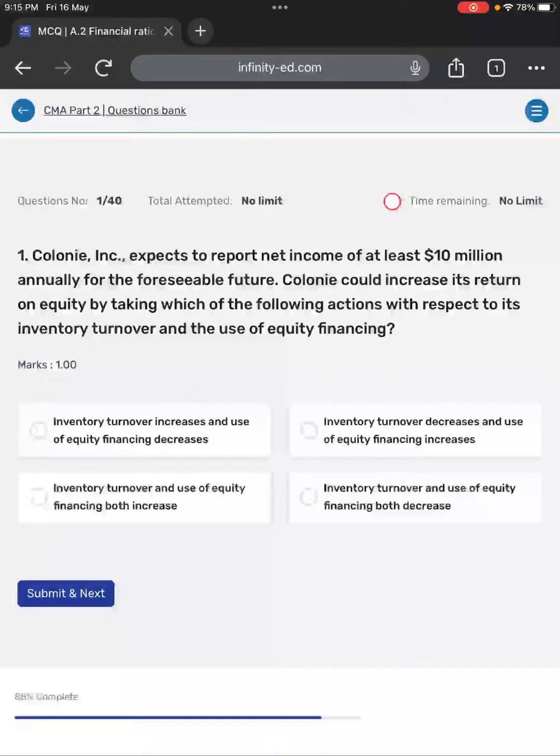Colony expects to report net income of at least 10 million annually for the foreseeable future.